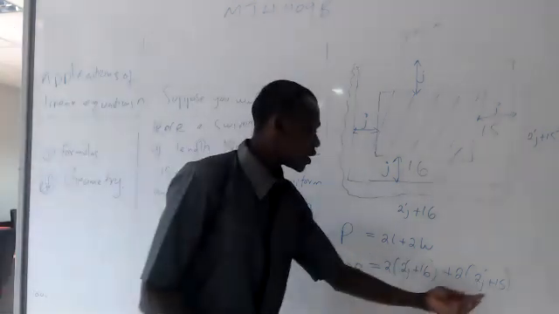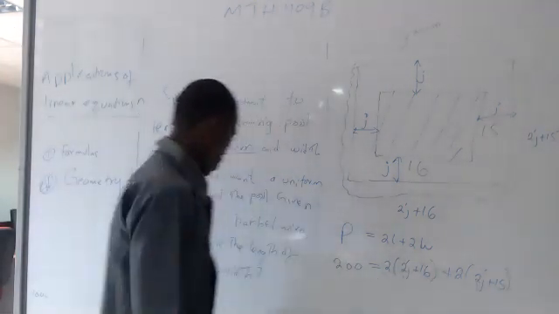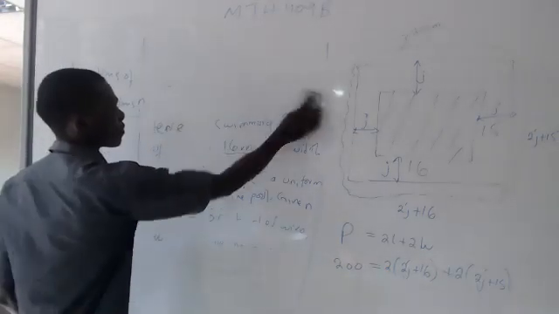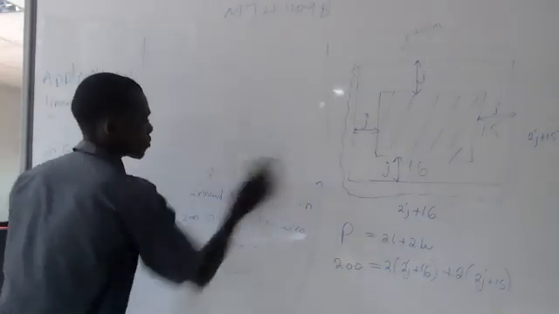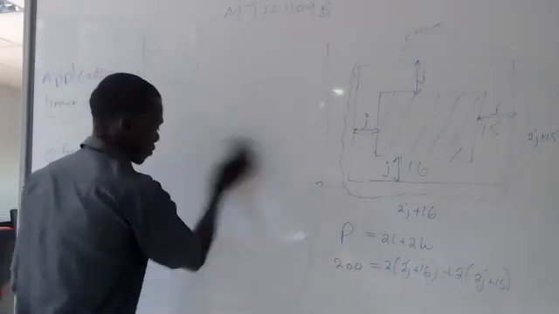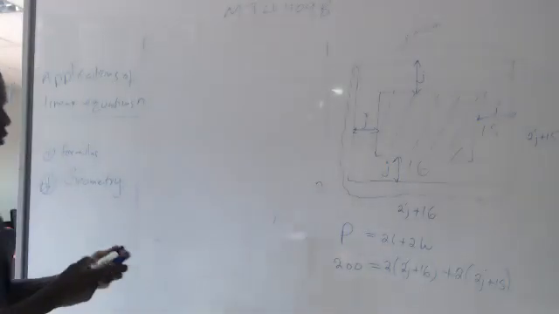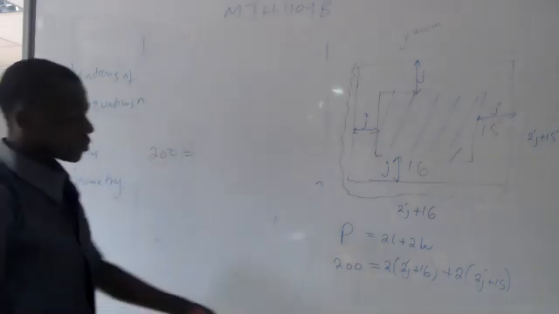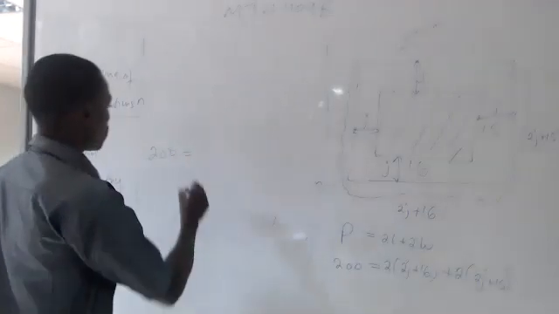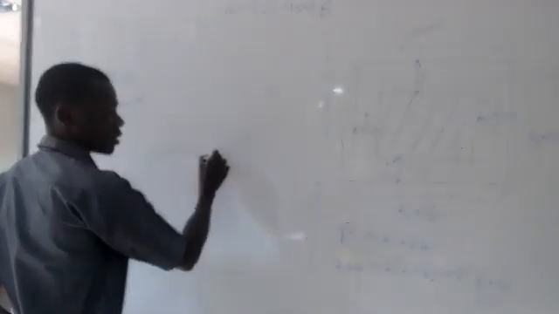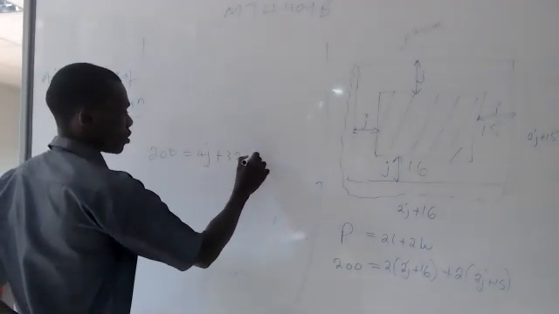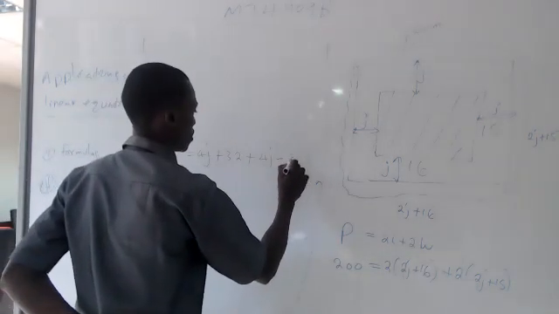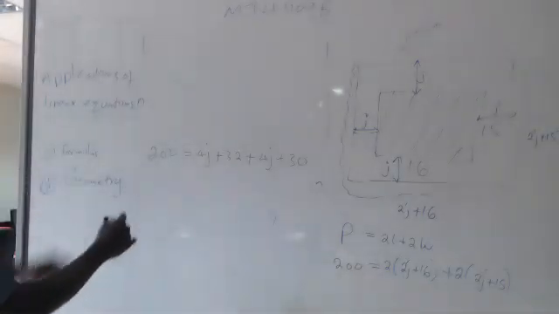This is a linear equation in J. I will go ahead and solve for J. We make use of the distributive property. So we have that 200 is equal to 2 times 2, that is 4J, plus 32, plus 4J plus 30. Collect like terms.